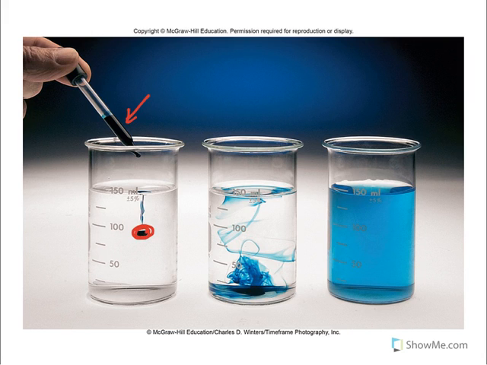The water around it doesn't have any blue dye, so it's of low concentration. So that dye starts to bleed out into the water, going from an area of high concentration, and over time the whole thing turns blue. All of those little particles of the blue color have now diffused across that medium.